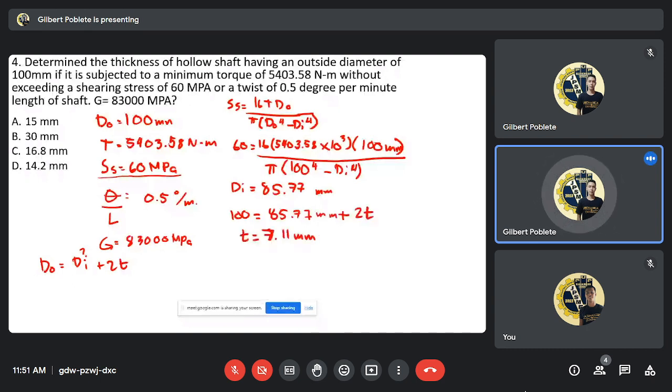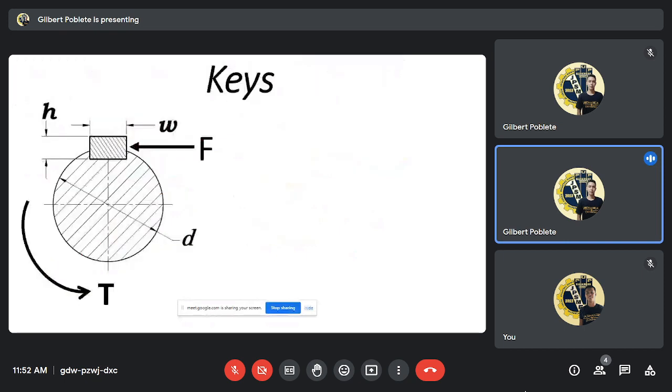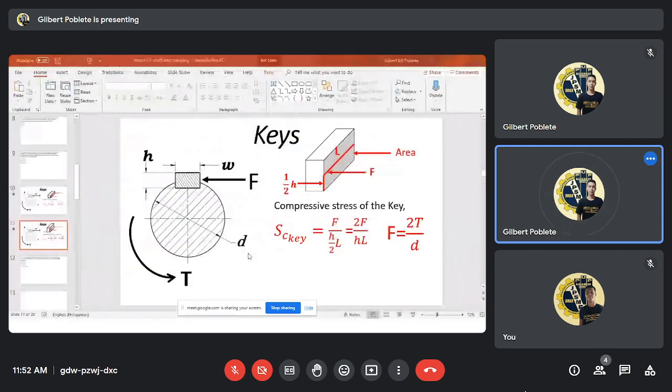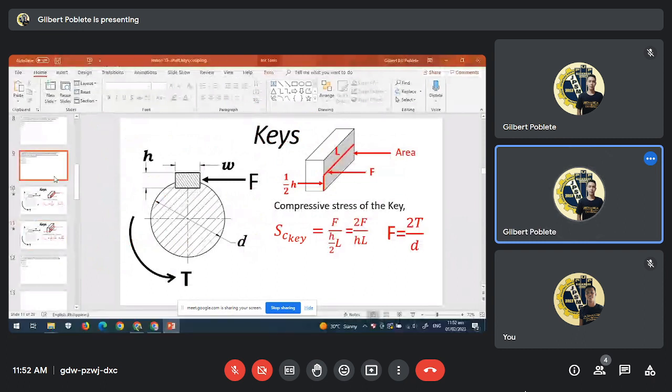So try natin yan gamitin. Erase muna natin to. Hindi na magkasya.